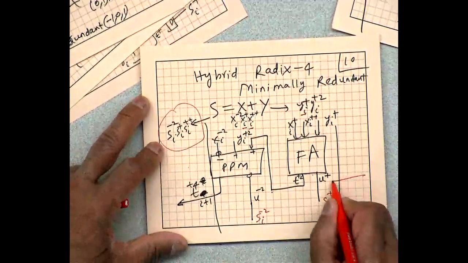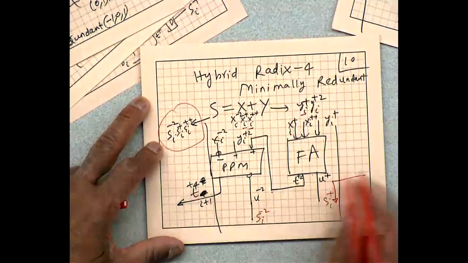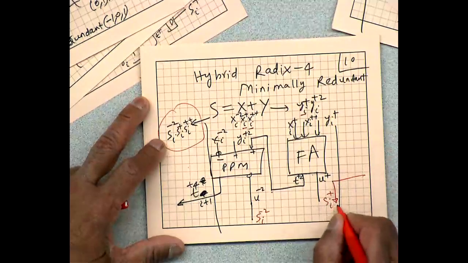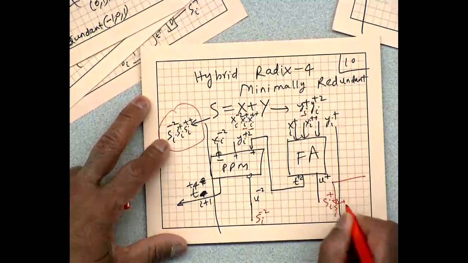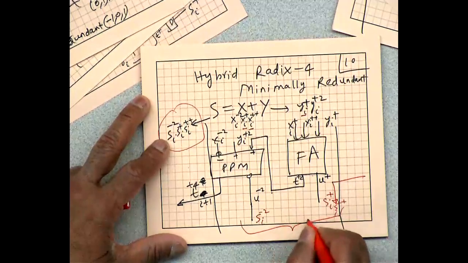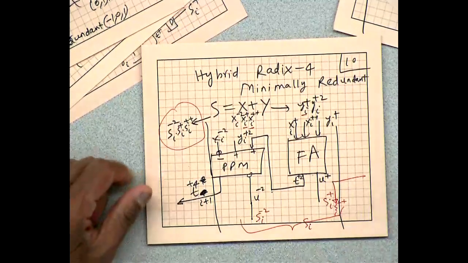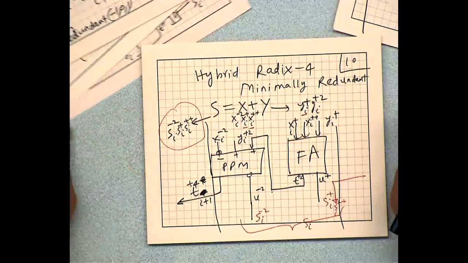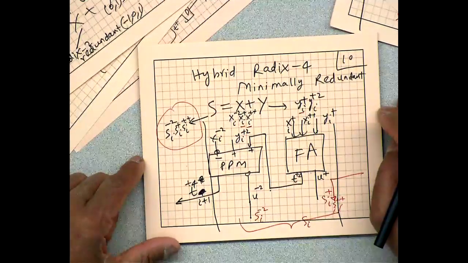That's coming from here. So the positively weighted times 4 from the previous i minus 1 position is Si plus. Okay, so that's Si plus plus. So now, in fact, we have 3 of these that correspond to the digits of some i. So that's the hybrid radix for minimally redundant add operation.